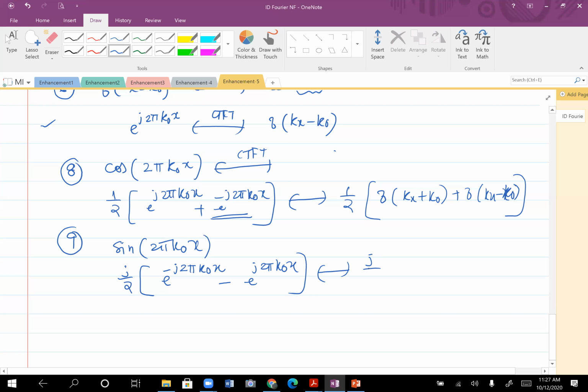So the CTFT will be j by 2 into delta of kx plus k naught minus delta of kx minus k naught. Is it not? So it should be minus j by 2, right? What I did is I just took the negative j inside. Okay, so is it fine?